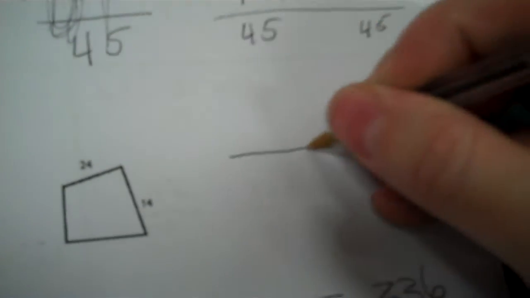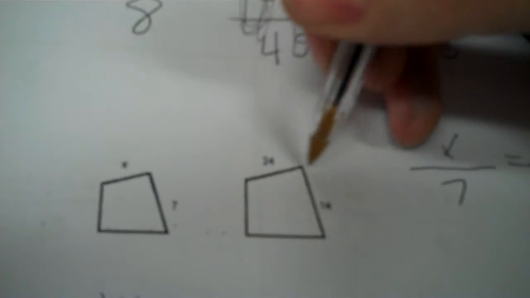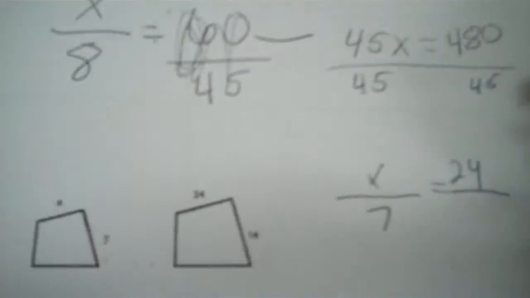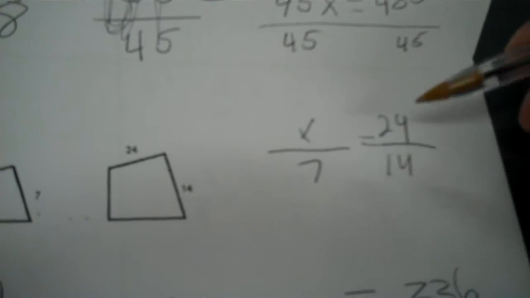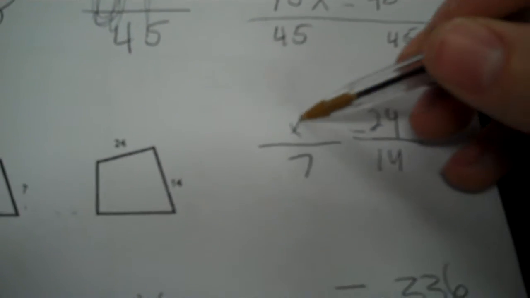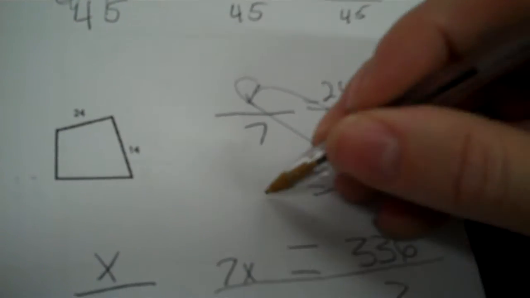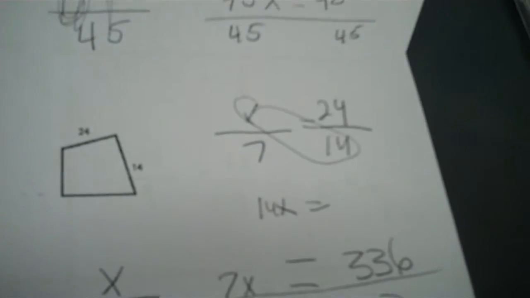Number 17, okay. Again, here's the X, just put X over 7. Now what side would line up with the X on the bigger shape? It'd be 24. And then what side would match up with the 7? It'd be 14. So a little bit of a change, okay. So you take 14X, and then on the other way you go 7 times 24.